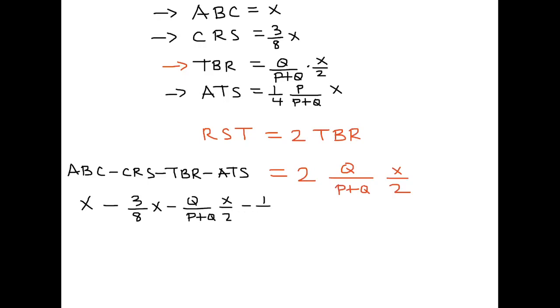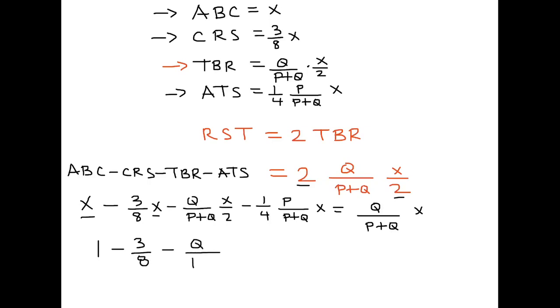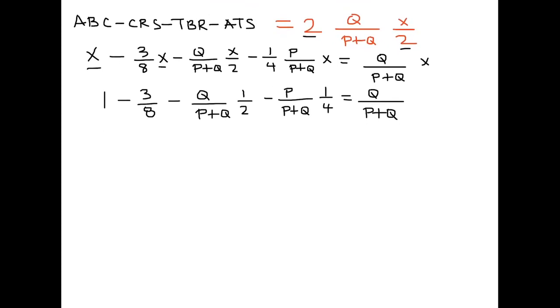And finally ATS we've got here, 1/4 P over P plus Q times X, is equal to Q over P plus Q times X. These twos cancel out. Now there's an X everywhere, so the X cancels. So this becomes 1 minus 3/8 minus Q over P plus Q times 1/2 minus P over P plus Q times 1/4 equals Q over P plus Q.